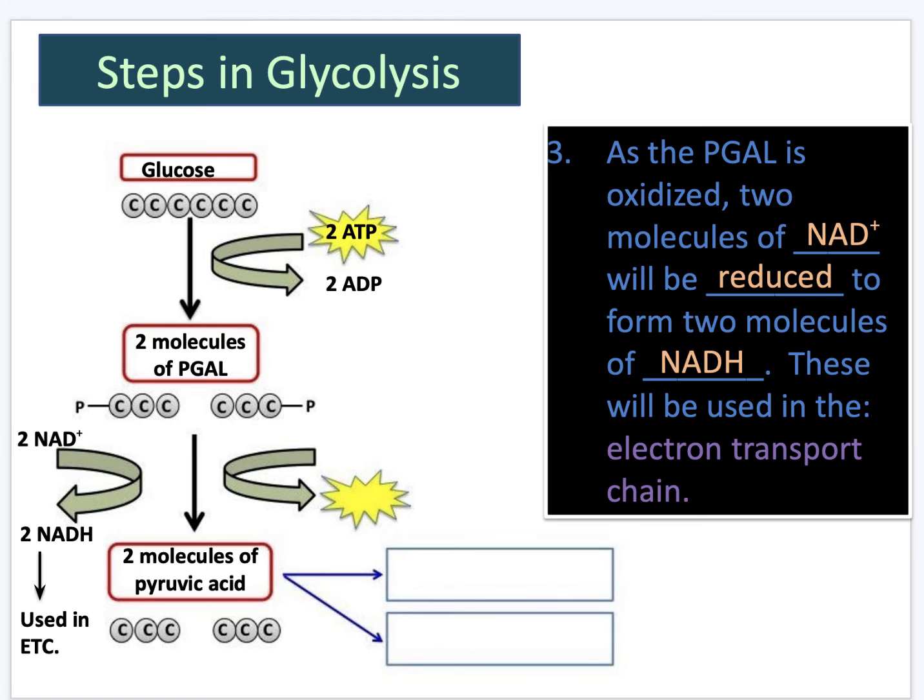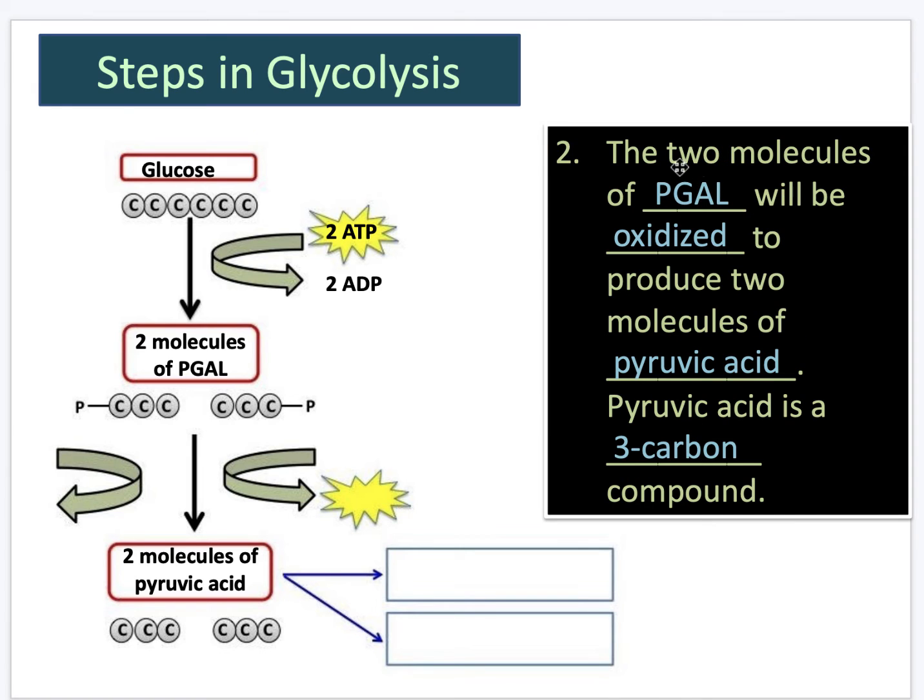Too fast. Okay, 2 molecules of PGAL will then be oxidized to produce 2 molecules of the pyruvic acid. Pyruvic acid, as I've already said, is a 3-carbon compound. Okay, so it's just a little bit of rearranging of molecules again from PGAL, which is similar in structure to pyruvic acid, but not exactly the same.